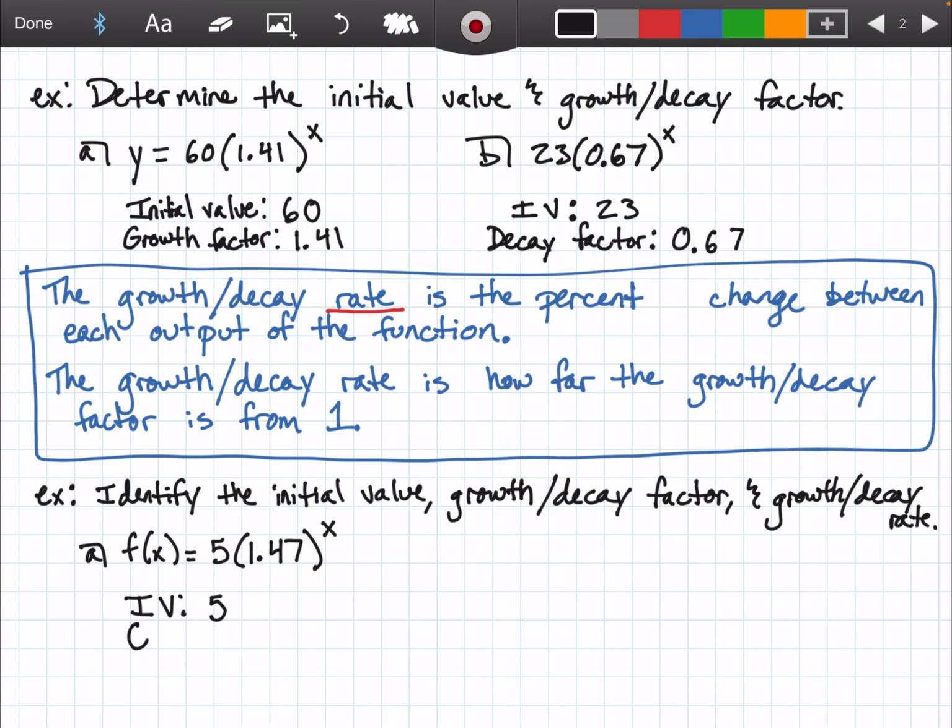I know this is growth because it's bigger than 1, and my growth factor is 1.47. My growth rate is how far is that factor away from 1. So that would be 0.47, which is a 47% growth rate.